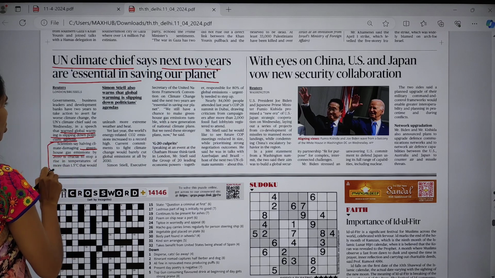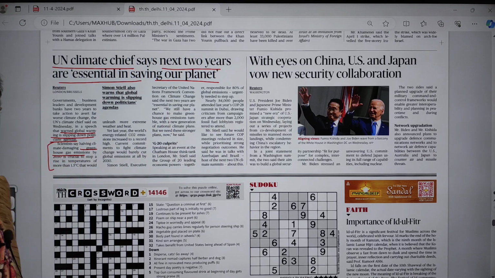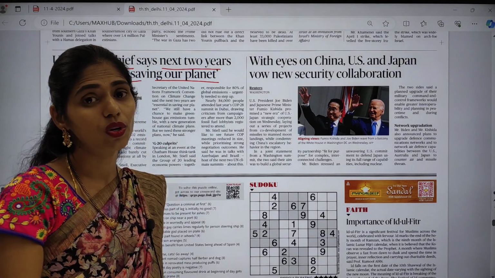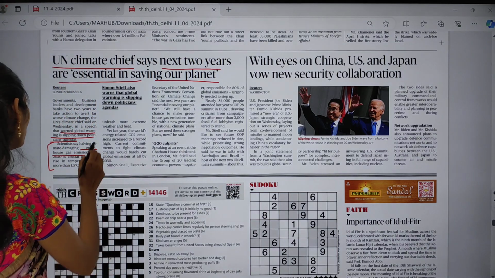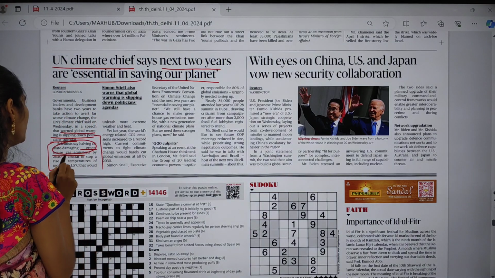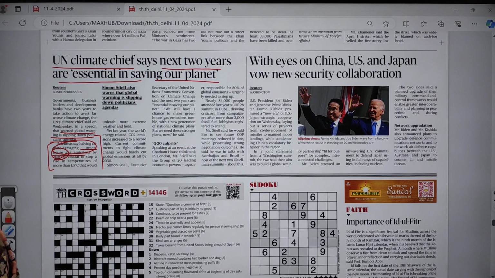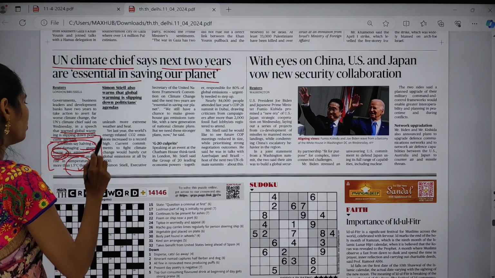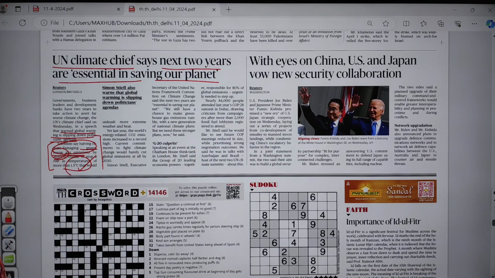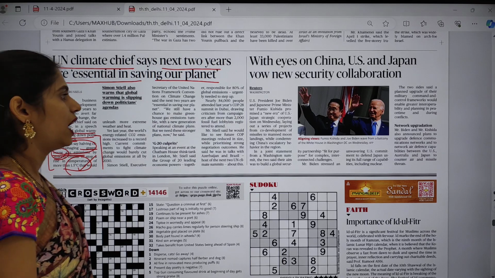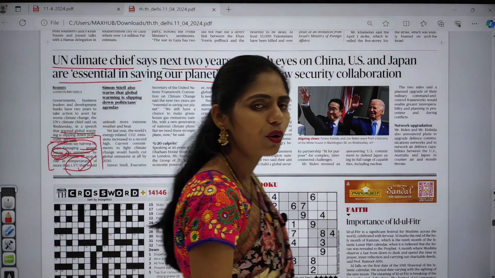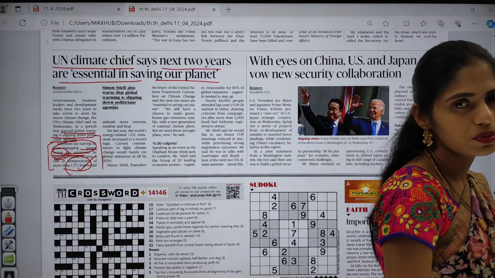So if we want to stop climate change or decrease climate change weather events, we have to stop greenhouse emissions by 2030 at least, and we have to stop the rise of temperature beyond 1.5 degrees. That is the main thing said. And these are the very important topics that appeared in today's Hindu newspaper.